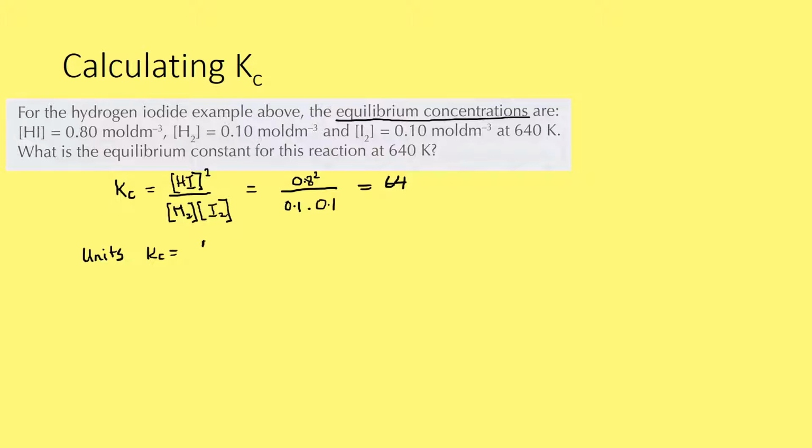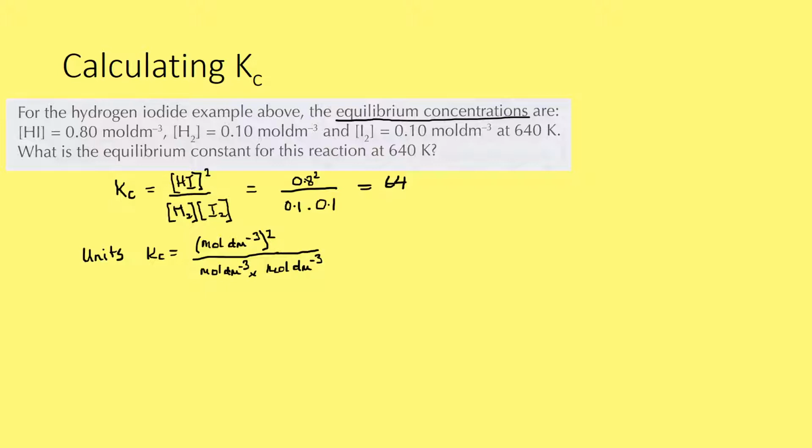So concentration is always mol dm^-3, and in this case that's all squared, and that will be divided by the concentration of hydrogen, which is also mol dm^-3, times the concentration of iodine, which is also mol dm^-3.